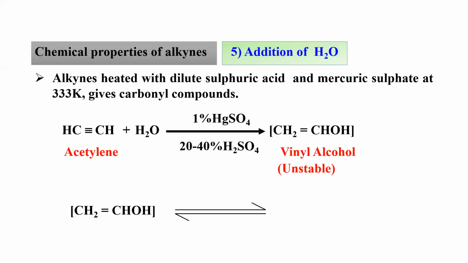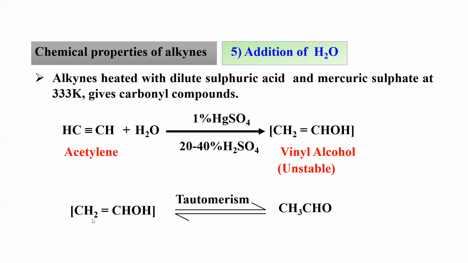Therefore, it will undergo tautomerism to give us an aldehyde. So alcohols and aldehydes are tautomers, which means from an alcohol, I can convert it into an aldehyde. Clear? So the hydrogen from the carbon bearing OH will shift to the other carbon.